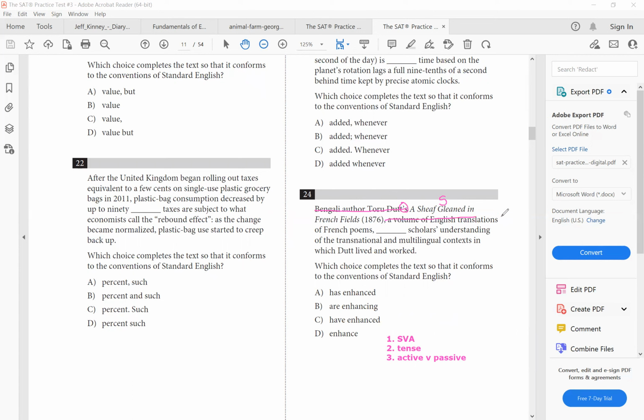That is our non-essential appositive, modifying our subject. So really, our subject is singular because the title of a work is always singular. Now, by process of elimination, B, C, D are out. They are all plural. And the answer would be A. Okay? And I got it correct. Very good.